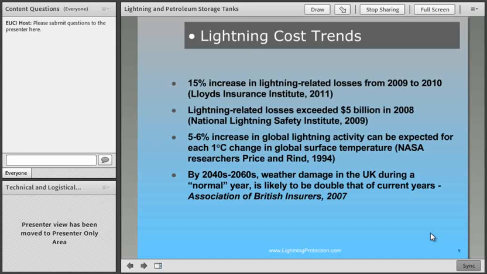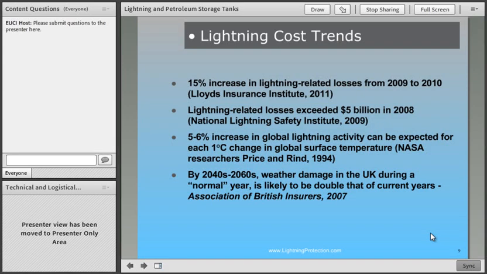In addition, according to some NASA researchers, we can expect a 5% increase in global lightning activity for each 1 degree Celsius increase in global surface temperature. So in other words, as the Earth is warming, we can expect lightning activity to increase.